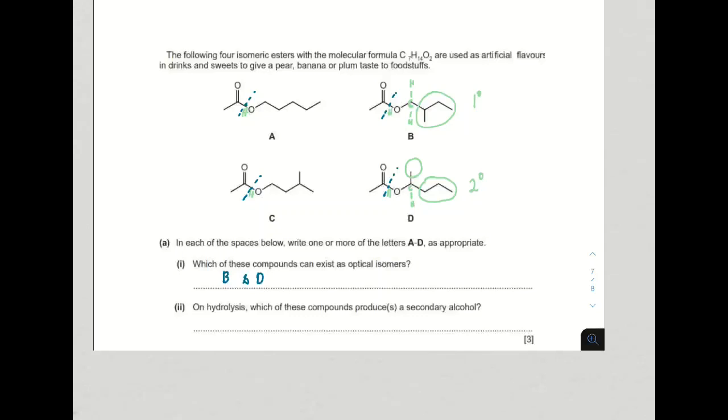And here, if I have a look at C over there, there is one H, so there should be another H here, 4 bonds, and then one R group, so this is a primary alcohol. The last one, you have C, so H, and then the R group, so this is also going to be primary. They are asking for the secondary, so the answer over here is only D.